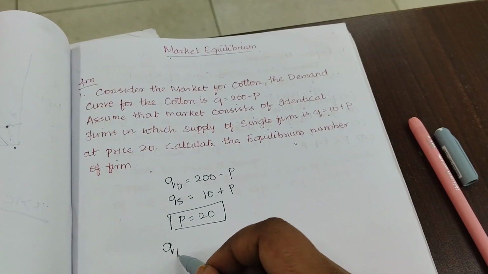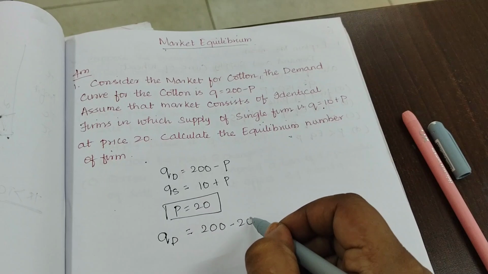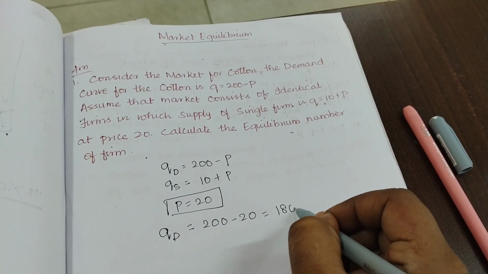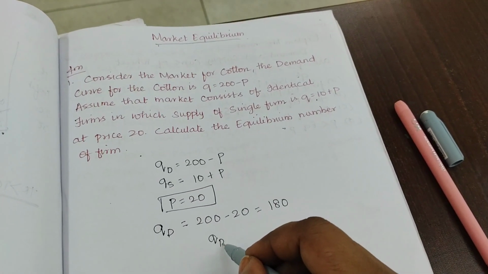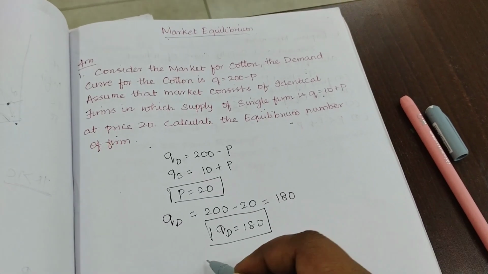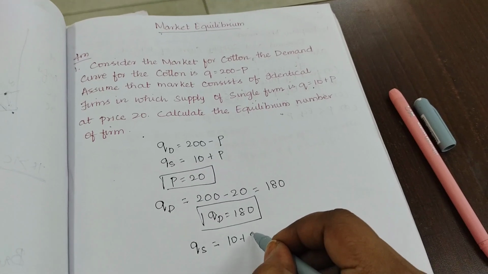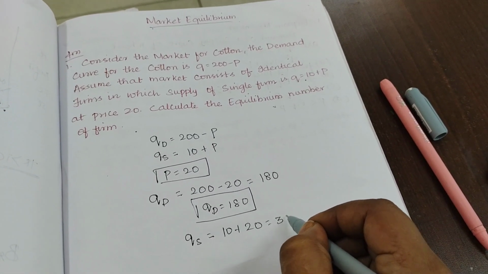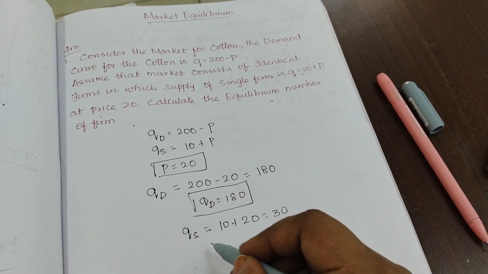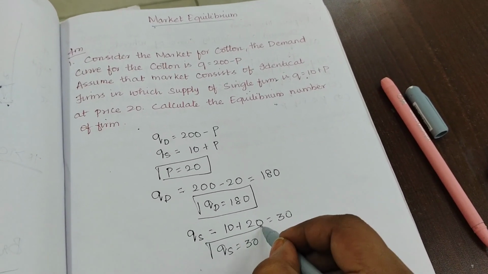So QD = 200 - 20, which gives 180. But QS = 10 + 20 = 30. This is only the supply of one firm.